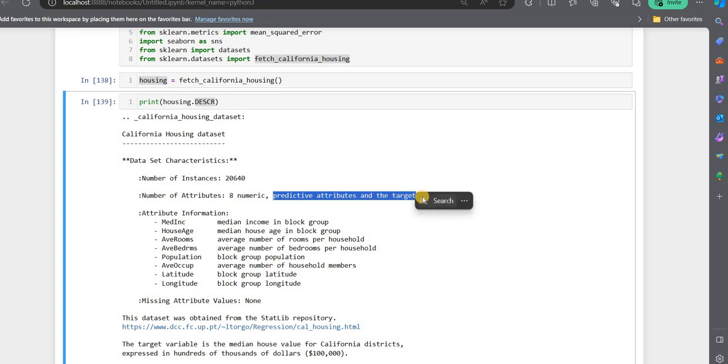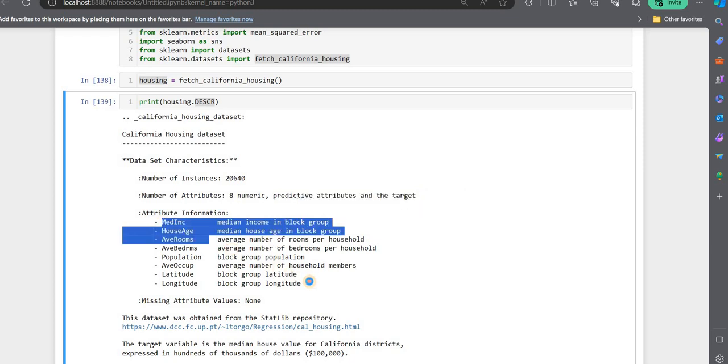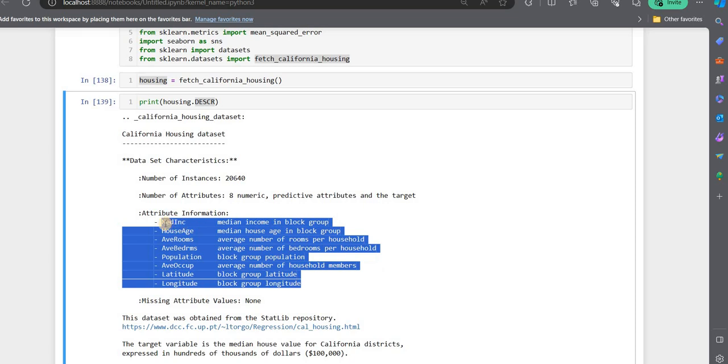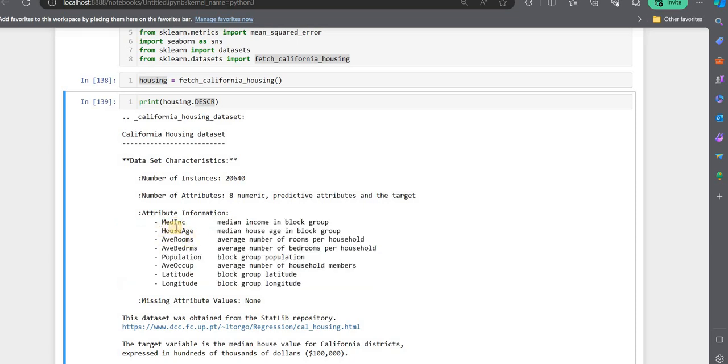These are the attribute names: MedInc, HouseAge, AveRooms.